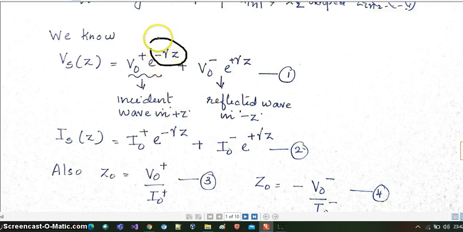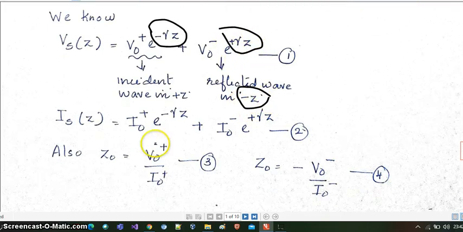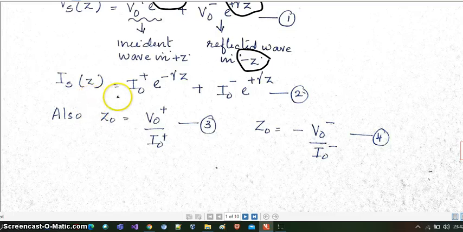The second term is of your reflected wave, which is moving along the minus Z axis, because here the exponential term is plus. Similarly, you have Is(z) equals I0+ exponential minus gamma Z plus I0- exponential plus gamma Z, which we derived earlier.